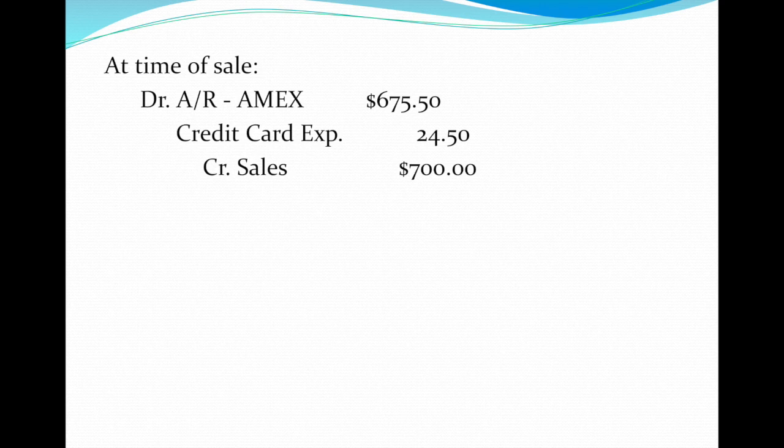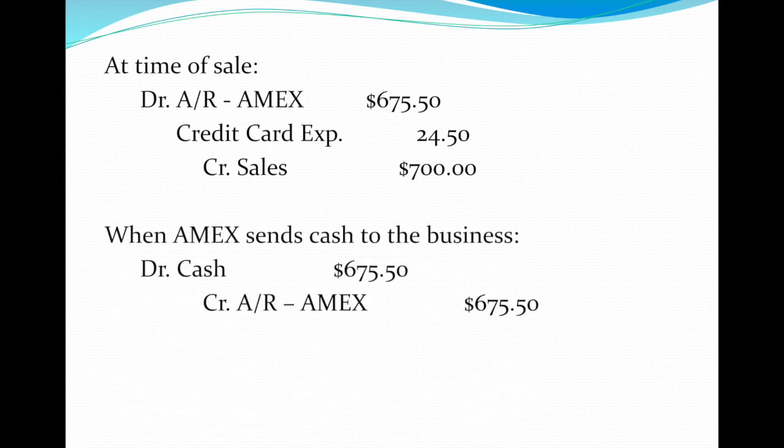These companies are not banks, and therefore they can't make bank wire transactions instantly. So we debit accounts receivable, and we label it as Amex so we know who the money's coming from. And then the corresponding entry to balance out this whole transaction is the credit card expense as per usual, and we credit sales for the total amount as per usual. So that's the only difference.